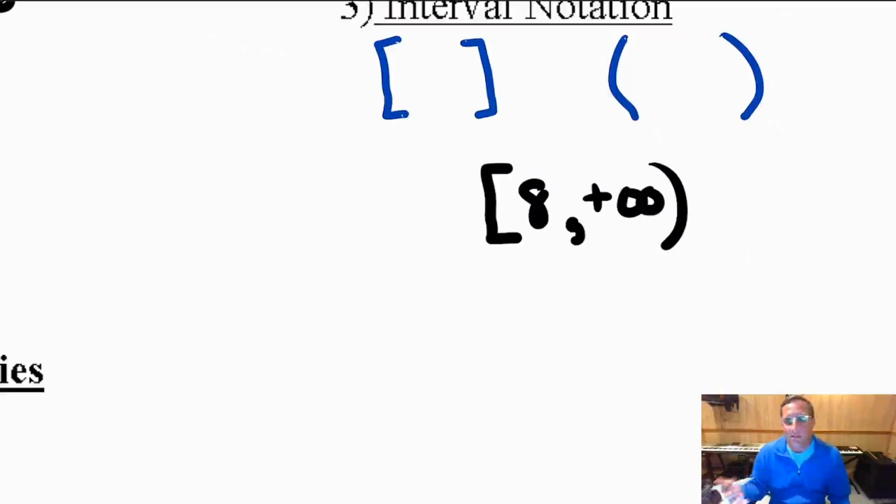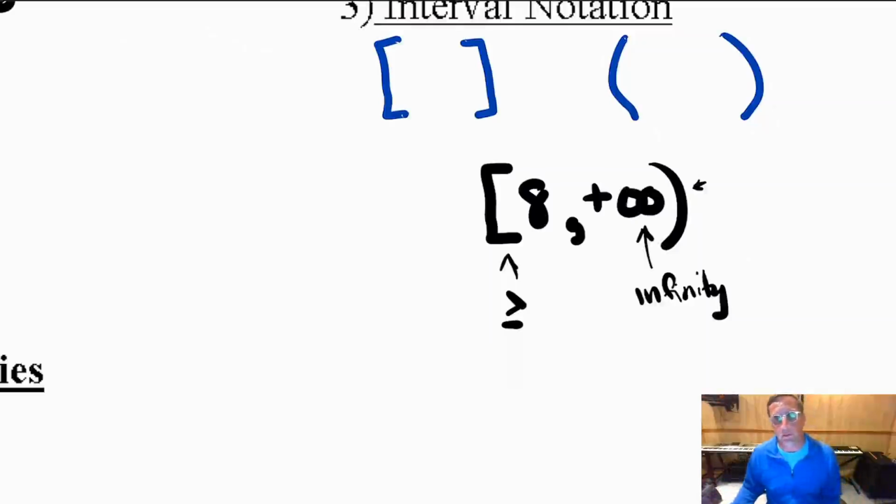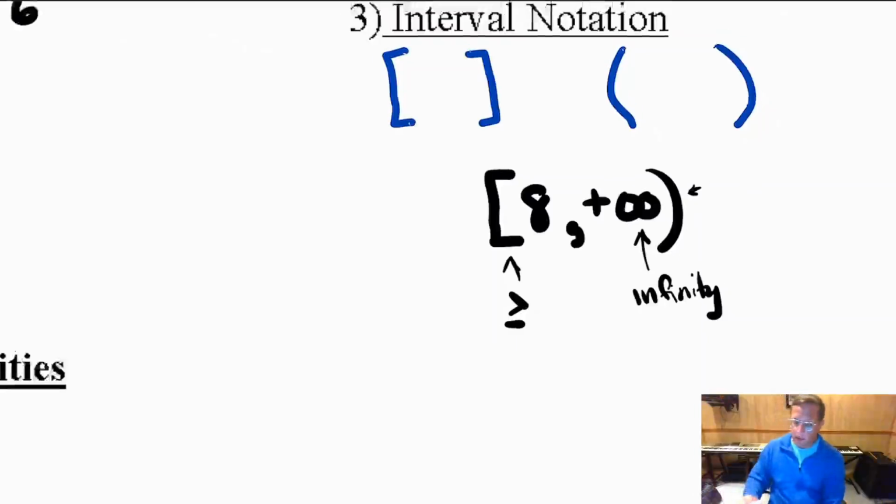So the bracket represents greater than or equal to. And whenever you have infinity, you want to bound it with parentheses, whether it's negative infinity or, in this case, positive infinity. You want to close up your infinity symbol with parentheses, never a bracket.